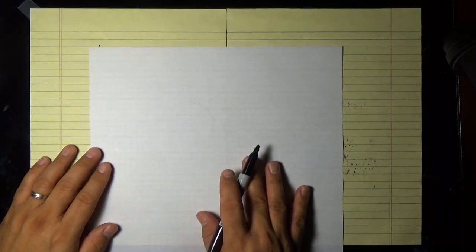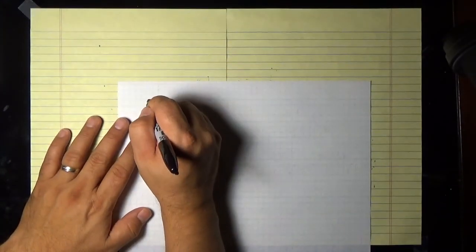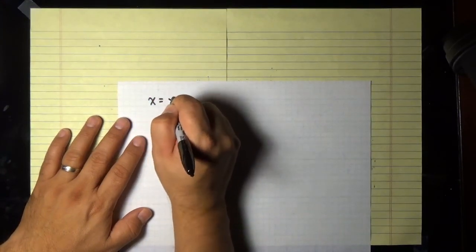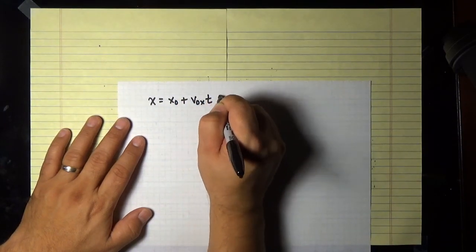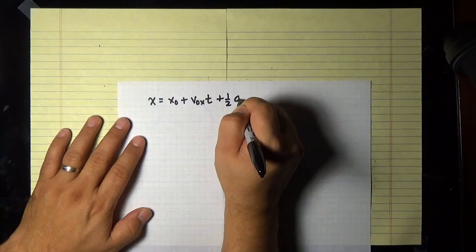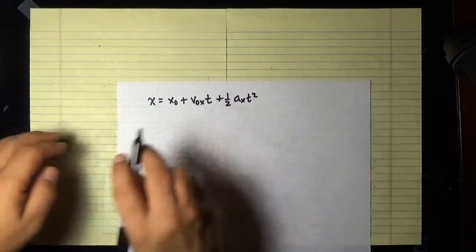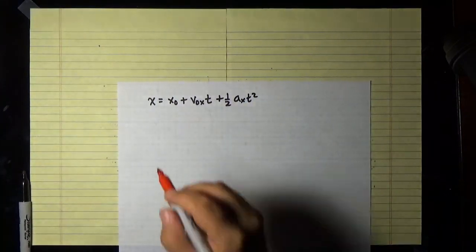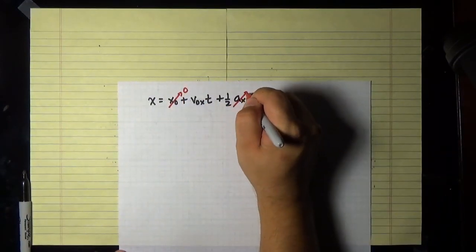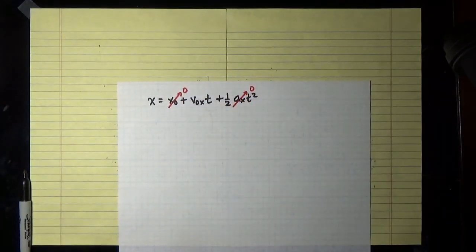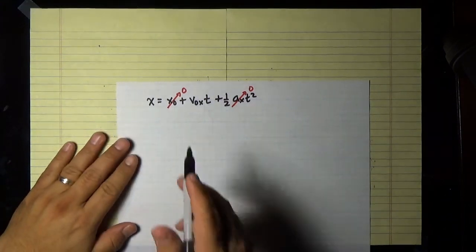In this phase, I can get the x distance by simply using the kinematic equation for x, which is x equals x naught plus v naught x t plus a half ax t squared. Again, many things here are zero, in particular the initial x position and the acceleration in x. And so I'm left with a very simple equation for the distance.